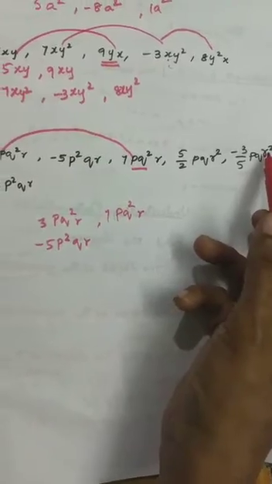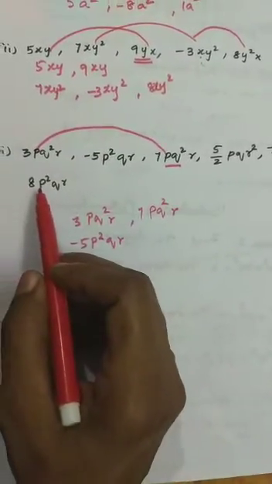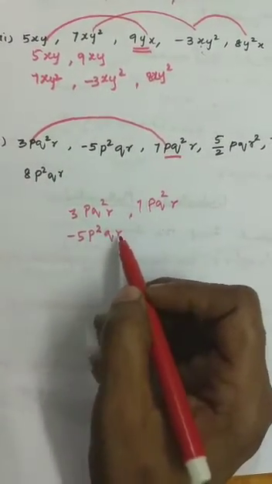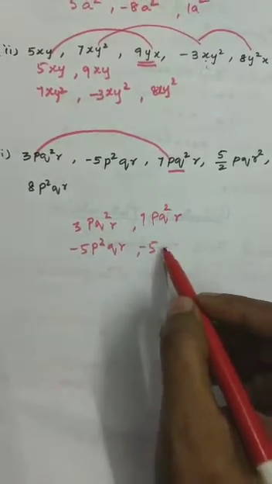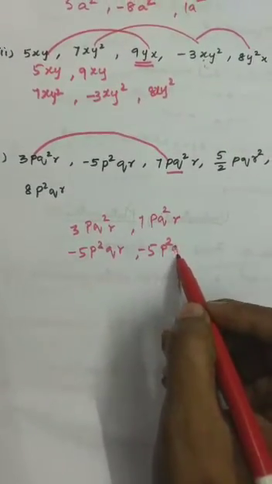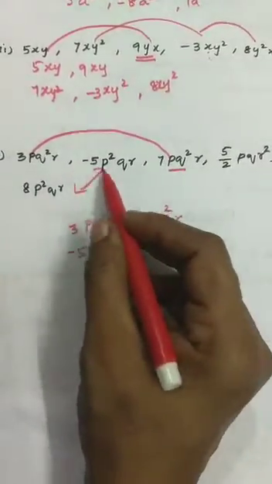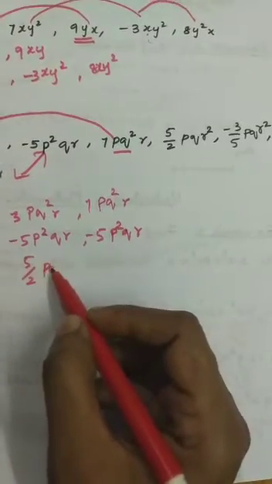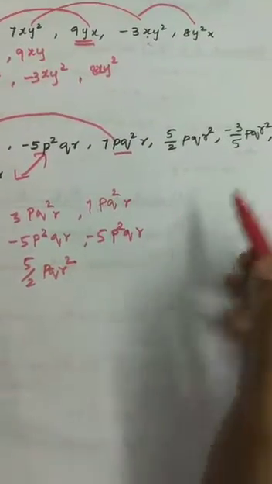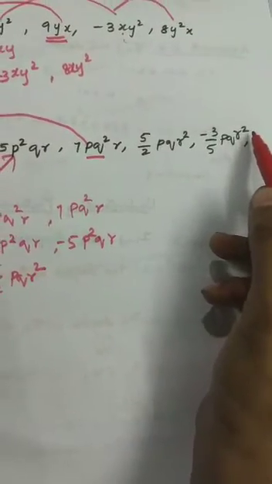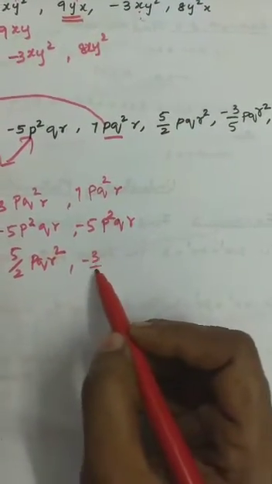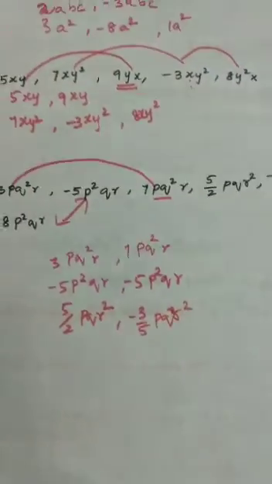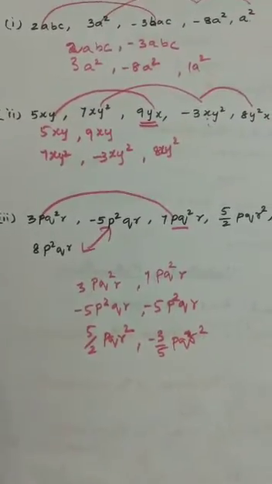Here it is p q r square. Here, yes, 8 p square q r. So here it is minus 5 p square q r. So both are like terms. So these two are like terms. Then another one, 5 by 2 pq r square. Here pq r square. So these two are like terms. Okay, we have found the like terms.